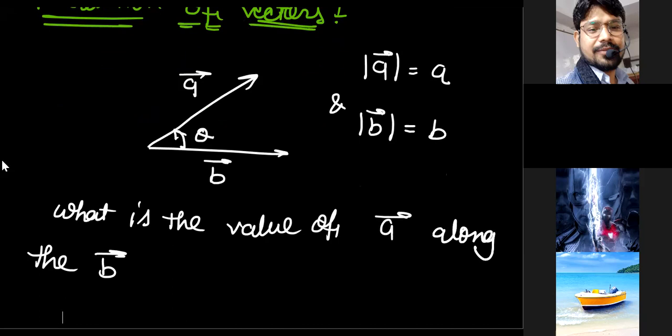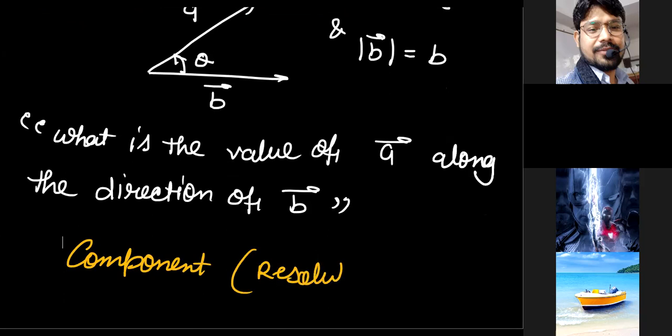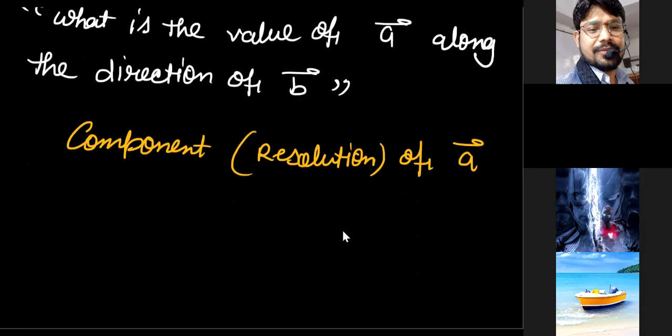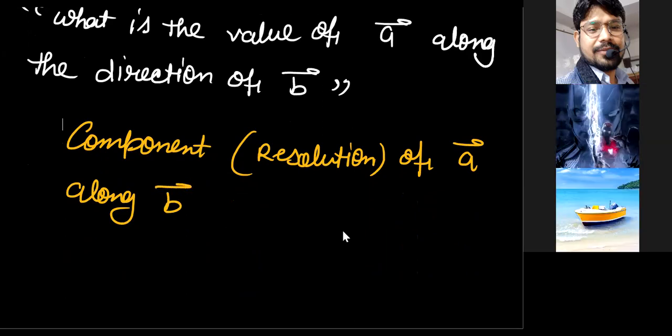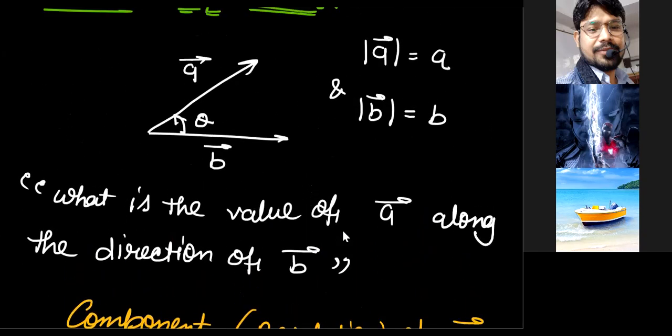This is also called the component or resolution of vector A along vector B. So if you want to determine the component of vector A along vector B, then you see the value of vector A in the direction of vector B.